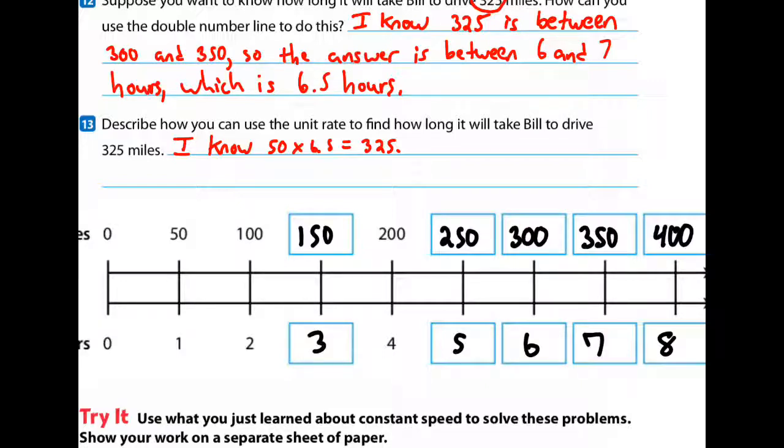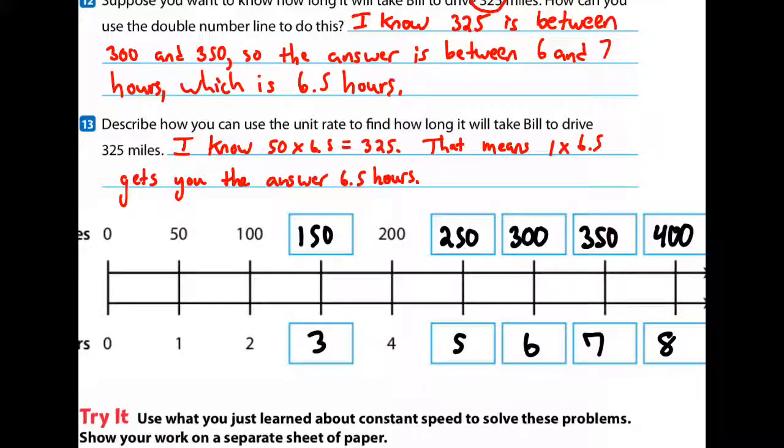Okay, that means 1 times 6.5 gets you the answer, 6.5 hours. Okay, so that's my explanation. You can pause and make corrections if you need to, but I'm going to go on to number 14.